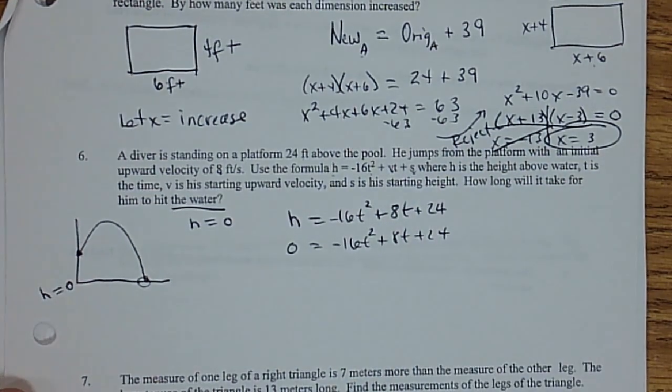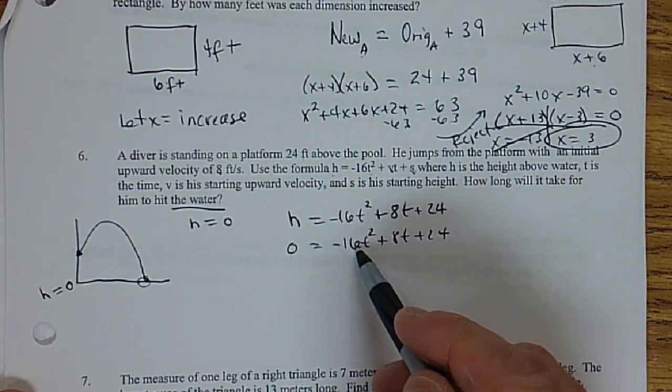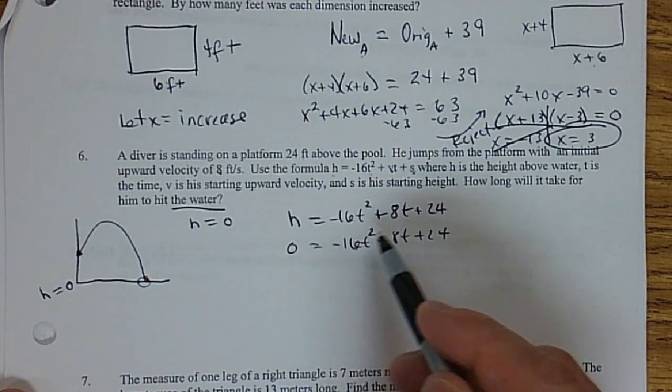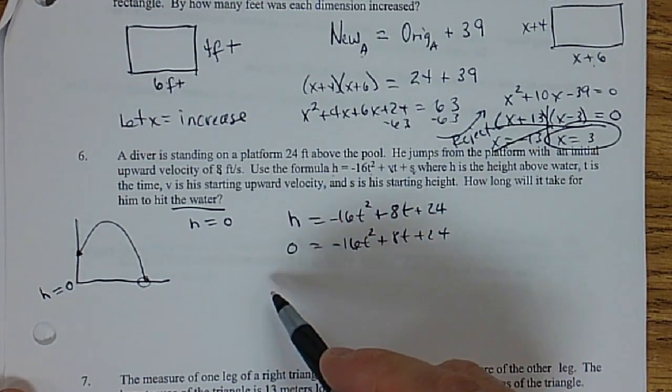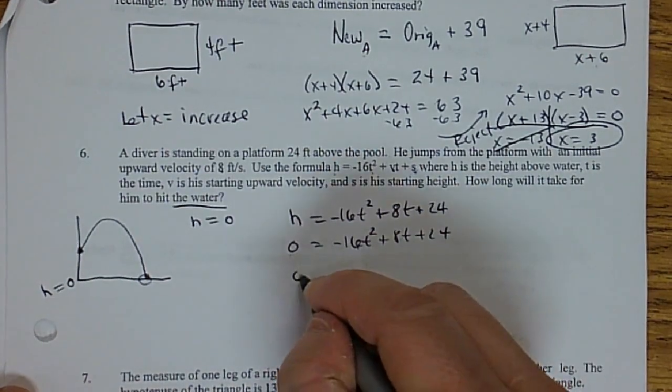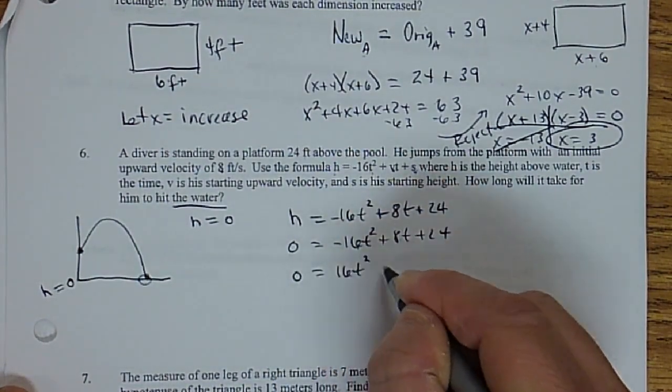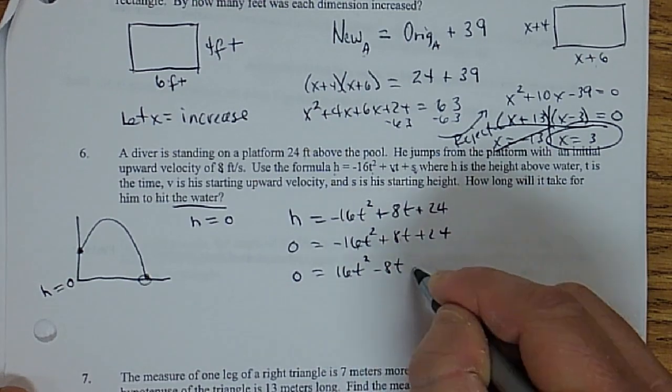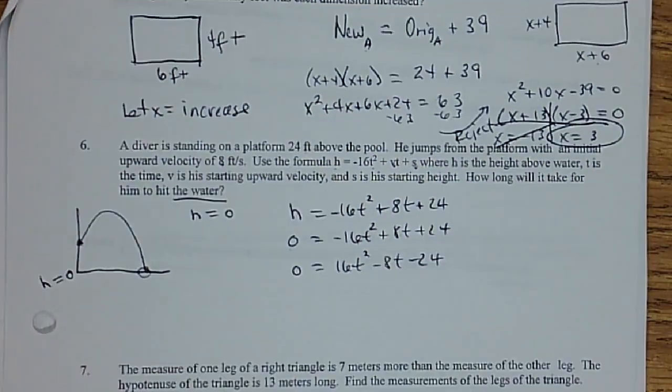And there we go. Now I would probably make the negative 16 positive, so I could pretend I'm kind of bringing everything to the other side, or just multiply every single piece by negative 1, and that's going to be 0 equals 16 t squared minus 8t minus 24, which has changed all your signs.